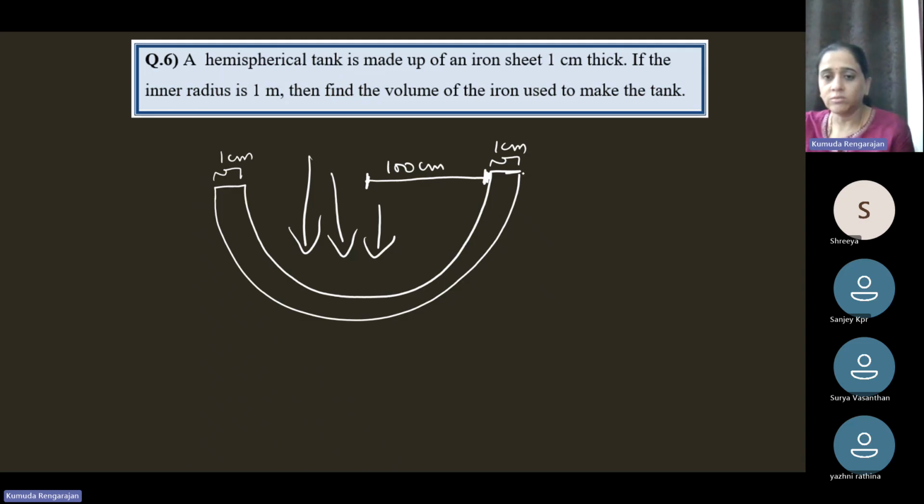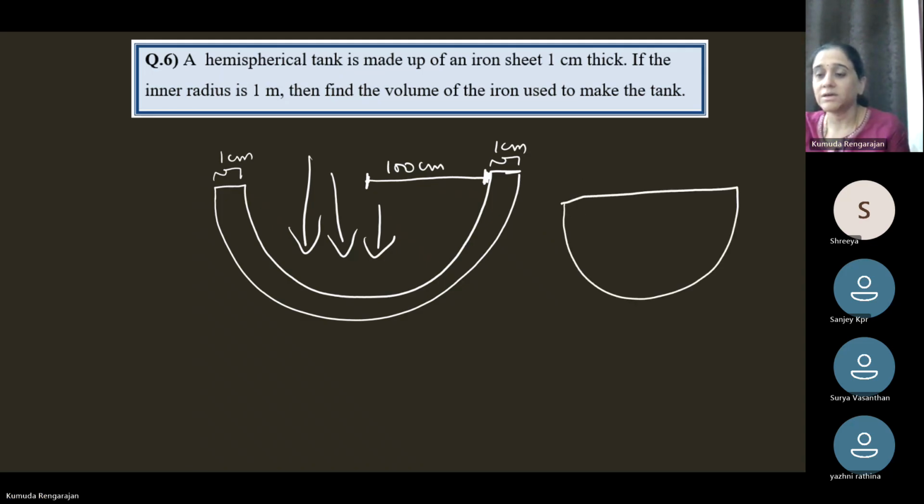Now, please imagine a solid hemisphere. This cork ball is a solid sphere. When you cut that into two equal parts, each half is a solid hemisphere.